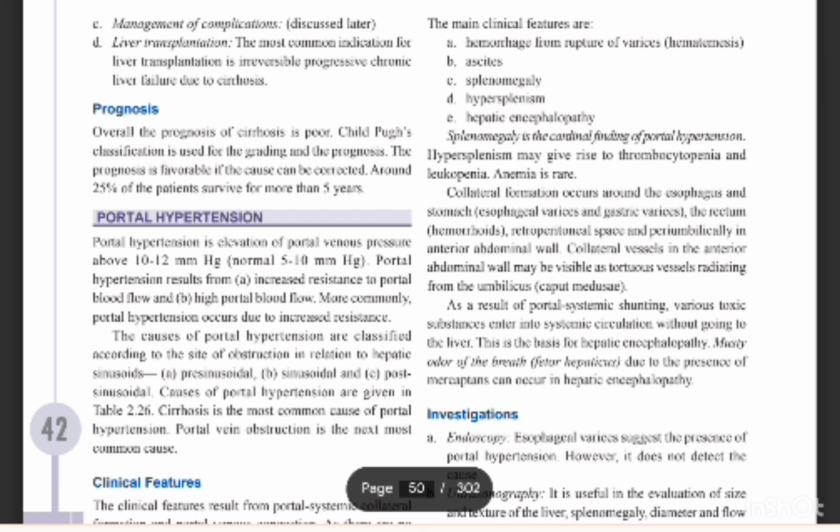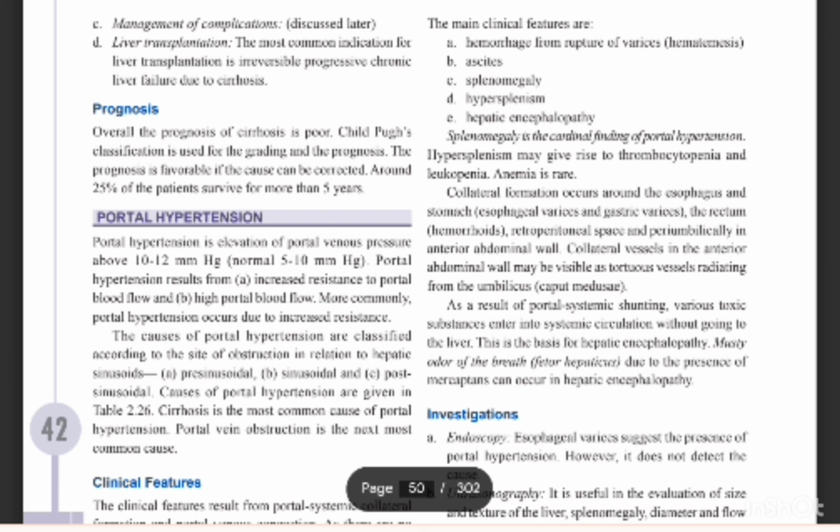Caput medusae. What will you see? There will be tortuous vessels radiating from the umbilicus, like Medusa, who had hair like a hydra, so many vessels radiating from that. Caput medusae is very commonly seen when collateral vessels are formed in the anterior abdominal wall.